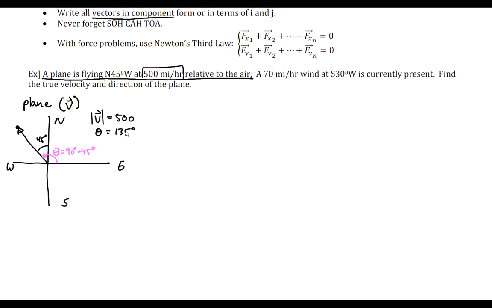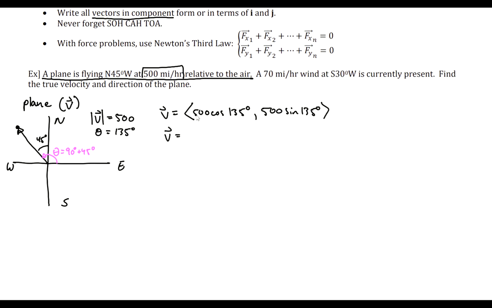Now we'll set it up in component form. So v is equal to, in component form, the magnitude 500 times cosine of 135 degrees, comma, 500 sine of 135 degrees. And then we'll go through and simplify.